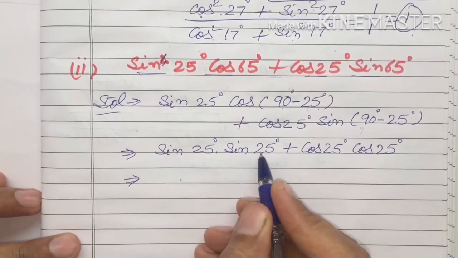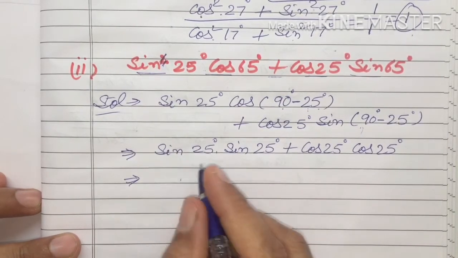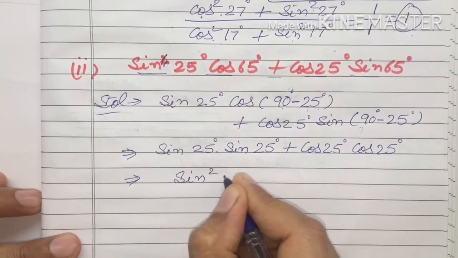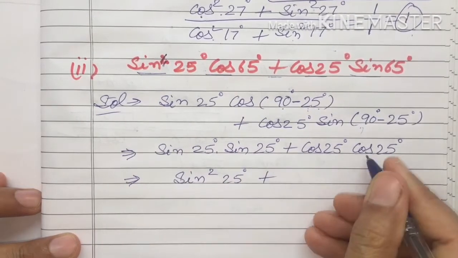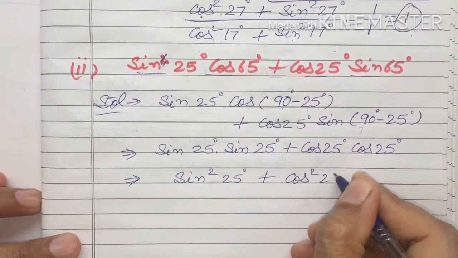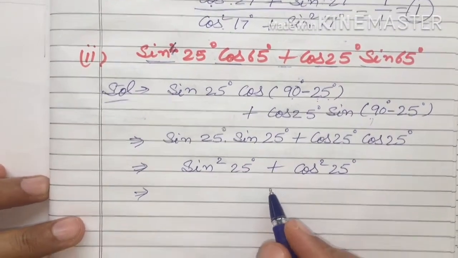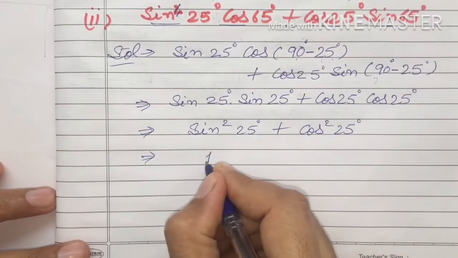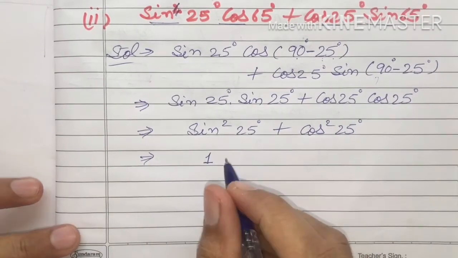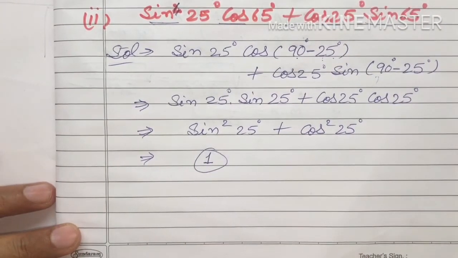Now two sin of the same angle are multiplied, so I can write sin square 25 degree plus cos square 25 degree. So this identity, sin square theta plus cos square theta is equal to 1. So I can write here 1 is the answer for this question.